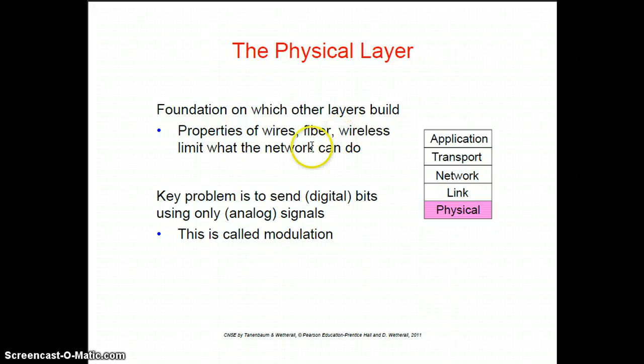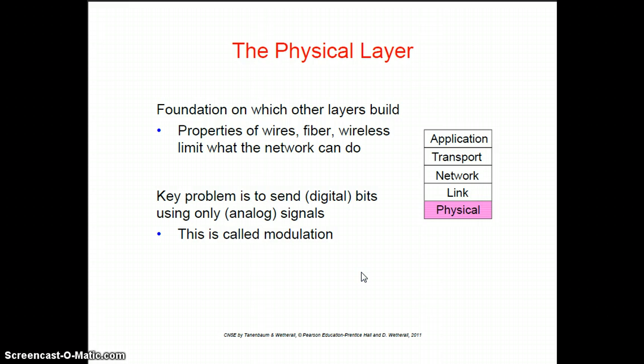Also, a parameter which affects the network is the error rate. What is the error rate for each transmission media? If you look at the physical layer, it's the lowest layer in the TCP/IP network: the physical layer, link layer, network layer, what we call the IP layer, transport layer, which is the TCP layer, and application layer.